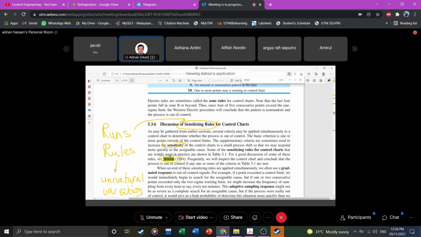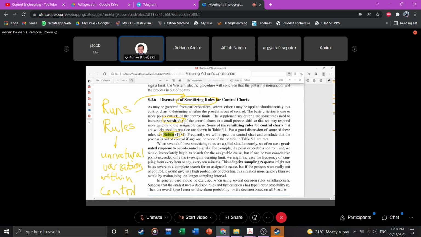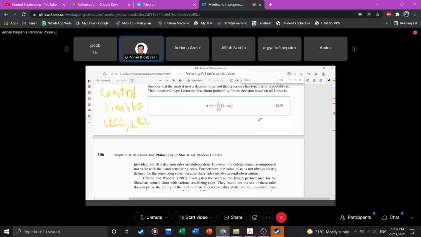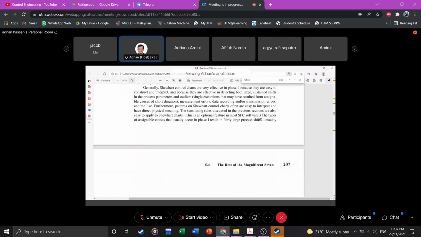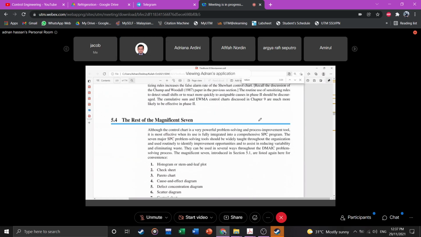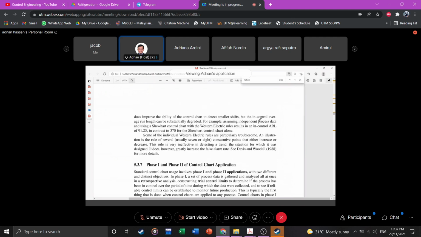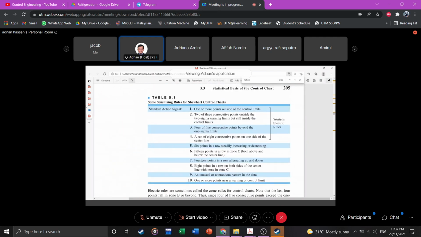There are also the Western Electric runs rules. I'm not sure why it's not here, but yes, there is a rule here. Synthesizing rules, Western Electric runs rule.